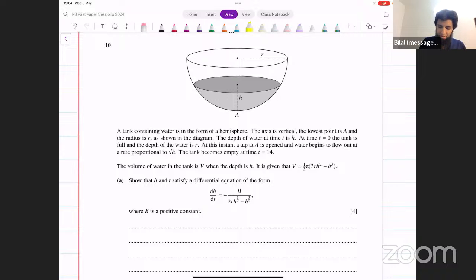Okay, so hemisphere. We know the formula for volume of a hemisphere. For a sphere, it's 4 over 3 pi r cubed. For a hemisphere, the volume formula would be 2 over 3 pi r cubed, right? Half of that. In fact, they have given us this here.